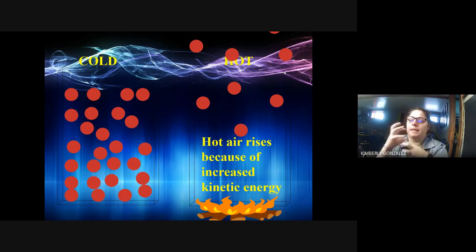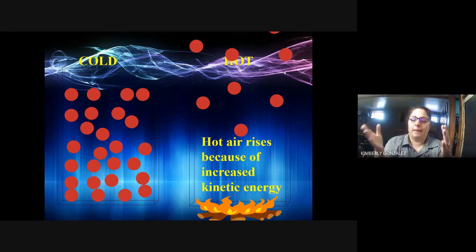Because as I'm heating up the molecules, I am adding energy to the molecules themselves, and they're going to want to move more. That kinetic energy is making them move more. So if it's not a closed container, hot air is going to rise up.